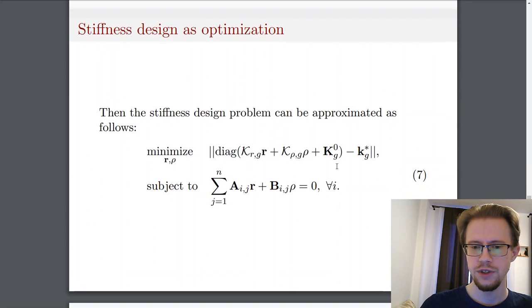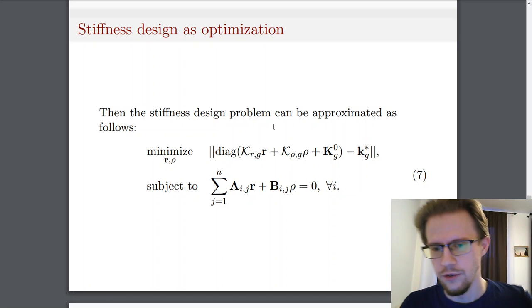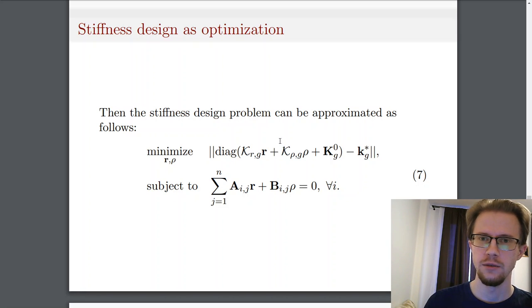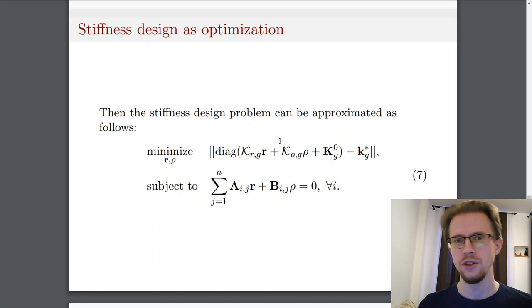Next, using this model and the previously proposed constraint, what we can do is simply write an objective function using this model. For example, this objective function aims to control only elements on the diagonal, but we of course could vectorize it or do anything else with it.